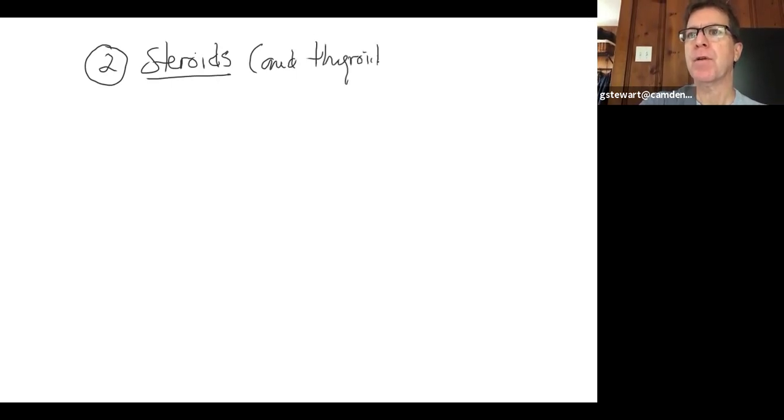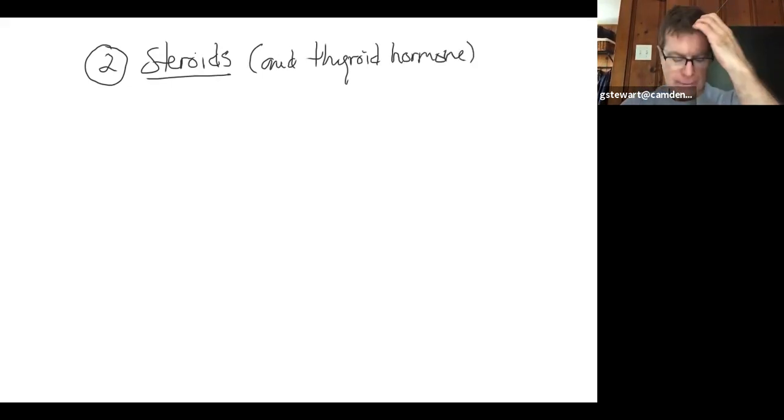So thyroid hormone is technically not a steroid. It's actually amino acid based, but it's so small it can get through, and it's also based on its chemical makeup. Even though it has amino acid bases in it, it can also behave just like a steroid. It does not behave like a typical amino acid based hormone.